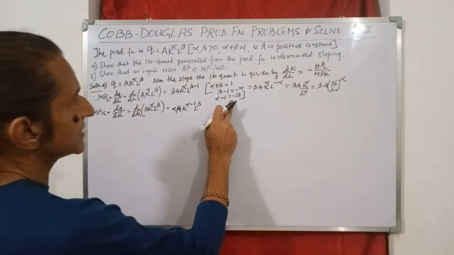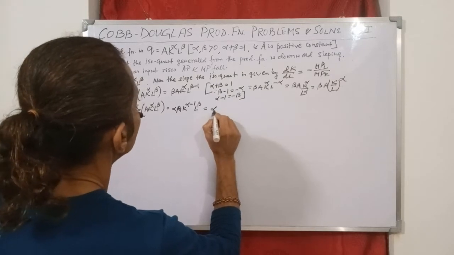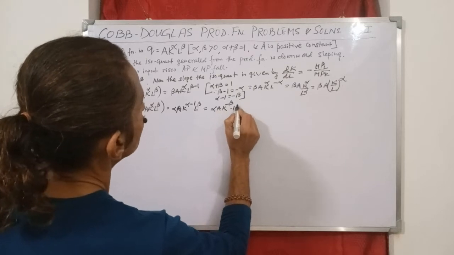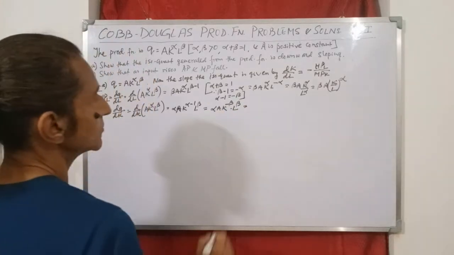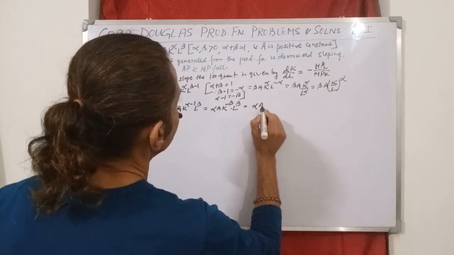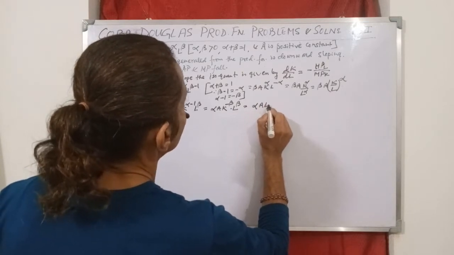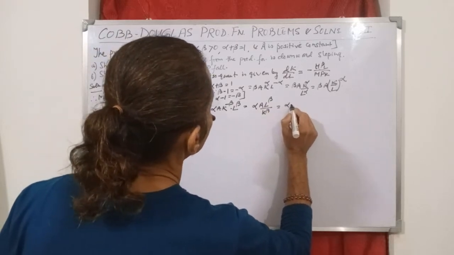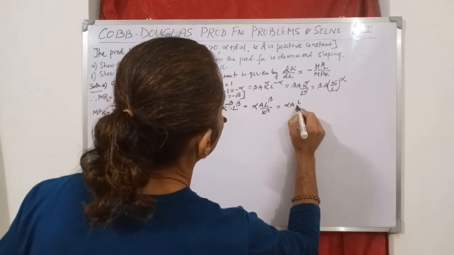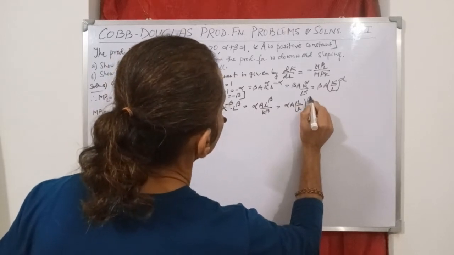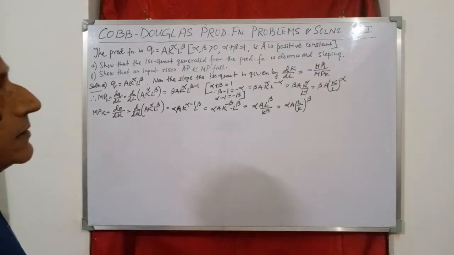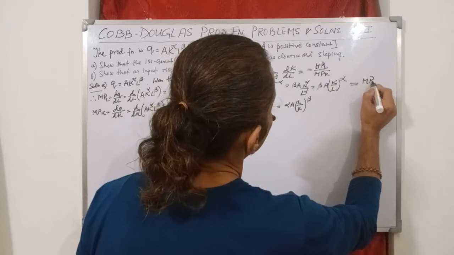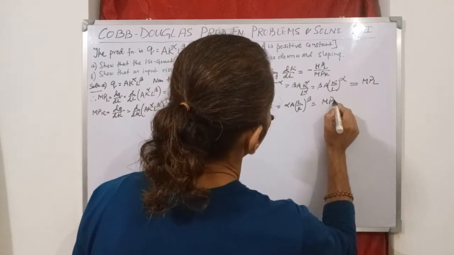Now alpha minus 1 is minus beta. So this is alpha A K to the power minus beta into L to the power beta. This is equal to alpha A L to the power beta by K to the power beta, equals alpha A (L by K) to the power beta. Right? So this is MPL and this is MPK.